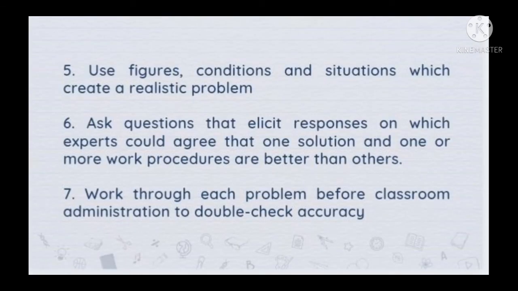Seventh, work through each problem's conditions and situations to double check and create a realistic problem. You will focus on each problem in construction, problem validity and reality. You can also ask questions to differentiate or express which realistic problem is better, or which solution is better than the other.